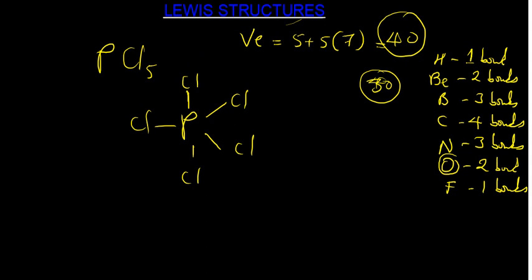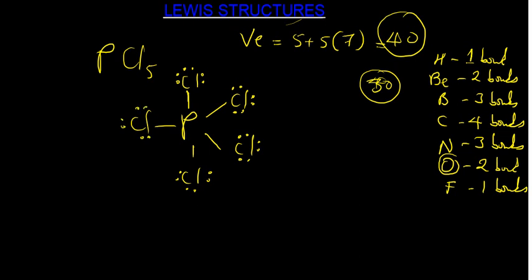Okay, so we need to put the 6 here. 1 2 3 4 5 6, and then this one 1 2 3 4 5 6, and so on for each chlorine.